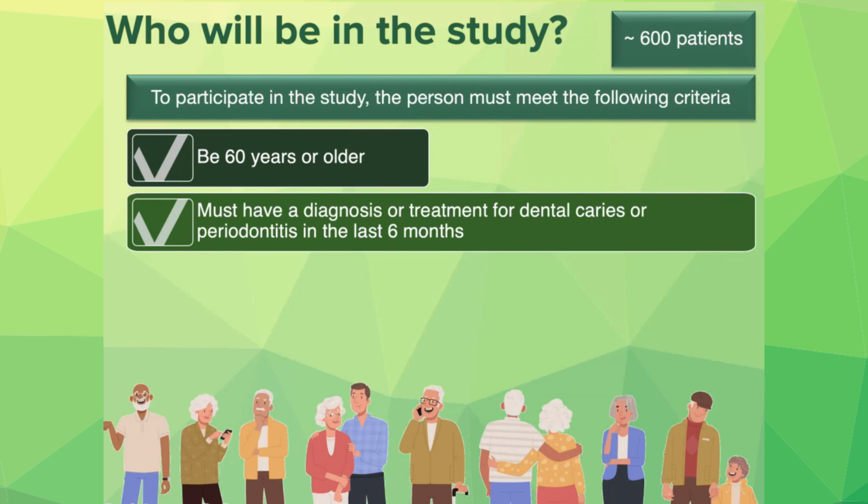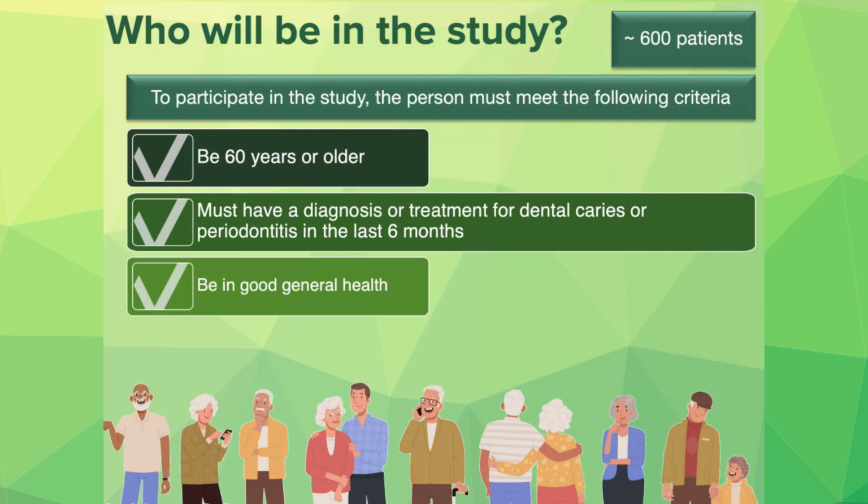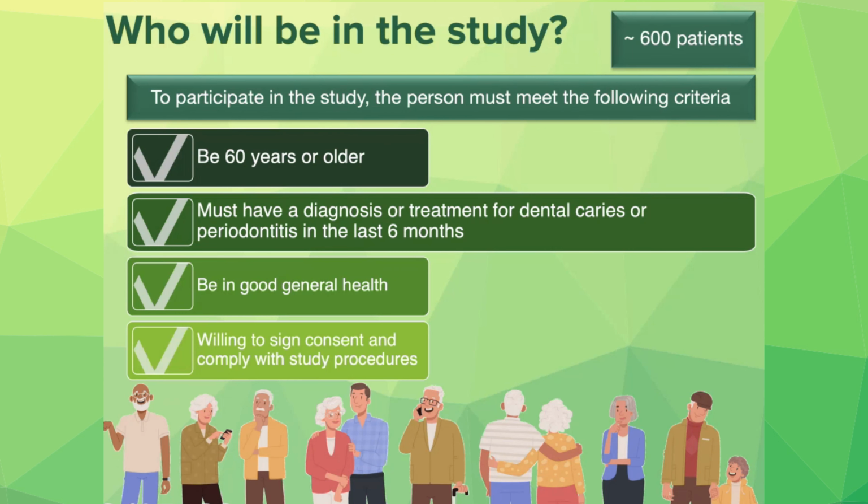So these are people with disease that we want to follow over time to see what happens. They need to be in good general health, able to answer the questionnaire, and willing to sign the consents and comply with the study procedures, which means they're not planning on moving outside of Southeast Alaska in the next 3 years.